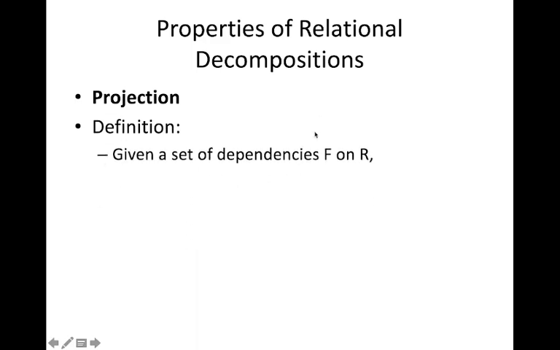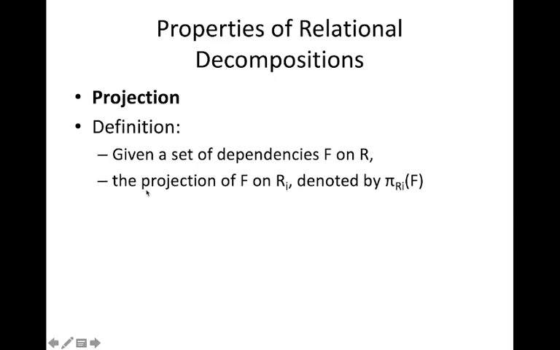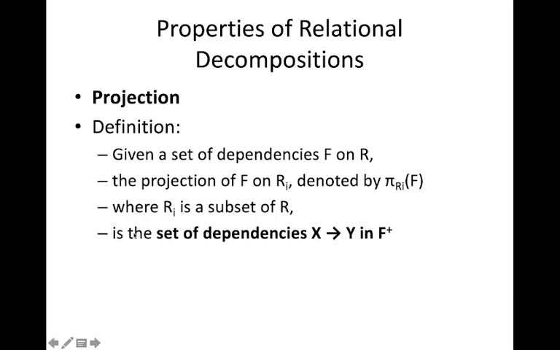If we have a set of dependencies F on R, where F is a set of functional dependencies on the universal schema R, the projection of F on Ri, a particular decomposed relation R1 or R2 or anything, is denoted by pi of Ri of F. Ri is a subset of R. This is the universal relation, and Ri will be a subset of this R.